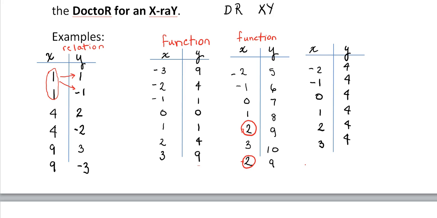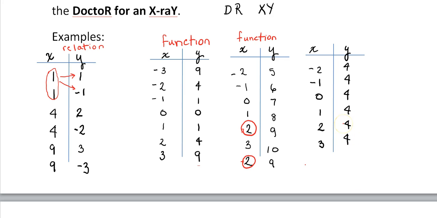If we have a relation, we can have more than one answer for each input. And if I have a function, I have exactly one for each input. So people look at this and say, oh, well, this is all 4, so this has to be, of course, a relation. It's not going to actually be a function because they're all the same value.